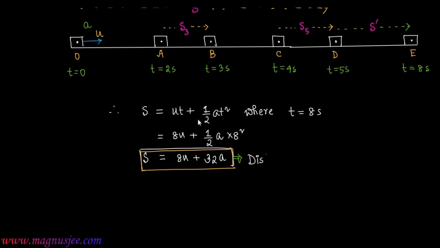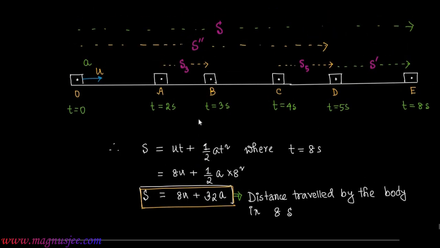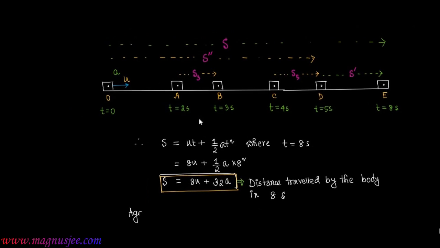This is the distance traveled by the body in 8 seconds. Similarly, S double prime is equal to ut plus half at square, where t is equal to 5 seconds.